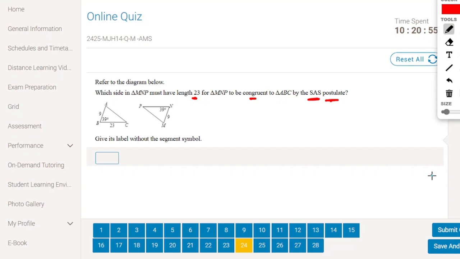I have M with A, and N with B, and B with C. So BC equals BN, which would be 23.